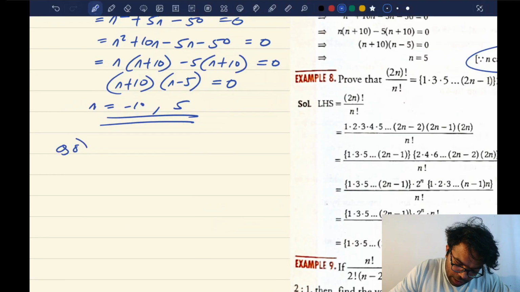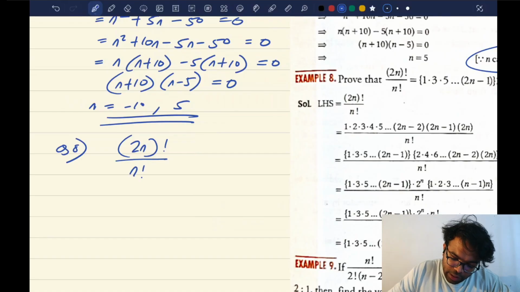Question 8. So we have 2n factorial upon n factorial is equal to 1.3.5 dot dot dot 2 to the power n minus 1.